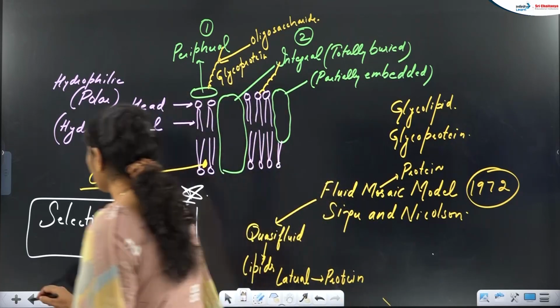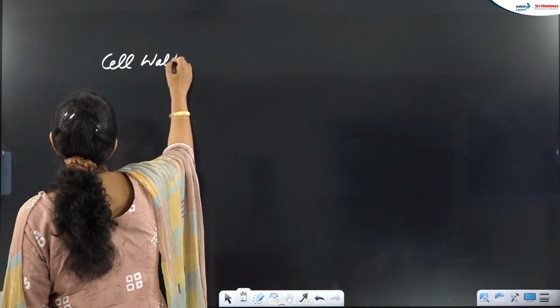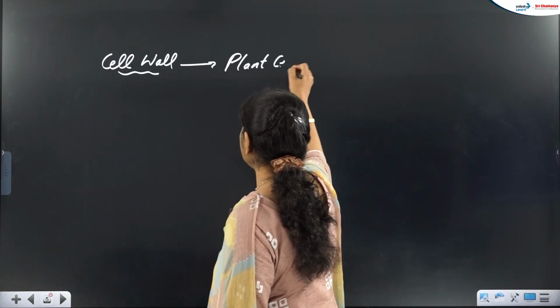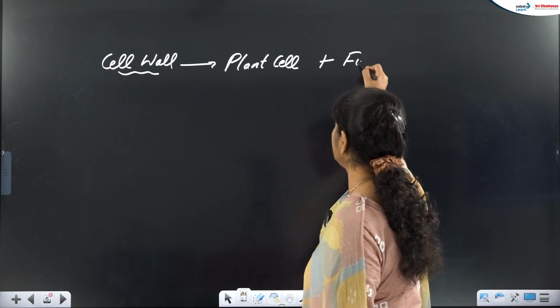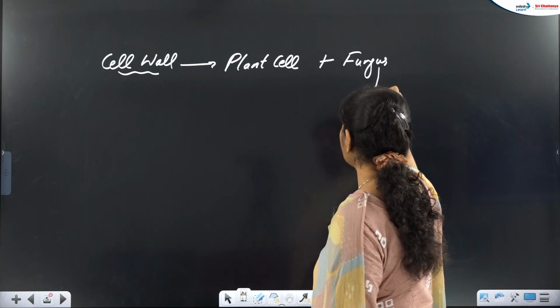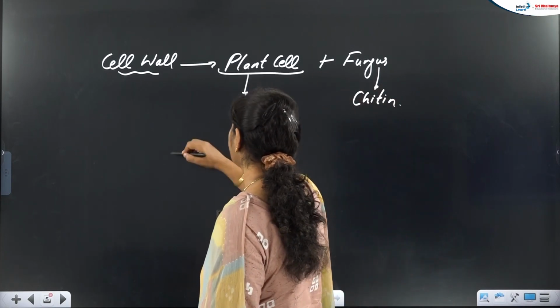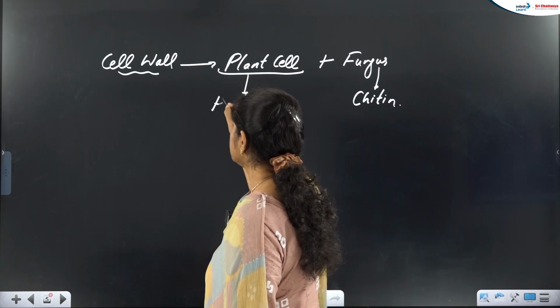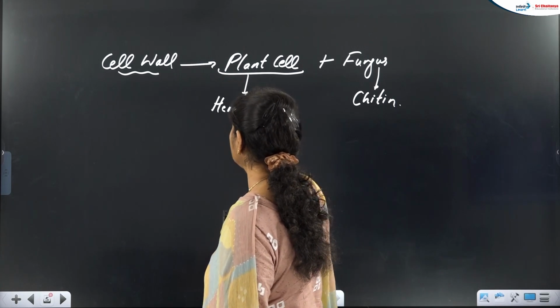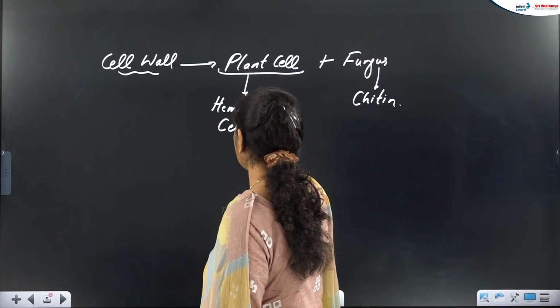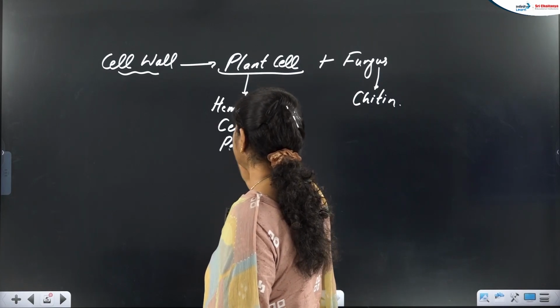Now next, the cell wall is a unique feature of the plant cell. Even in fungus you will find it, but in fungus it is made up of chitin. In plant cells, taking higher plants, it is made up of hemicellulose, cellulose, and even pectin.